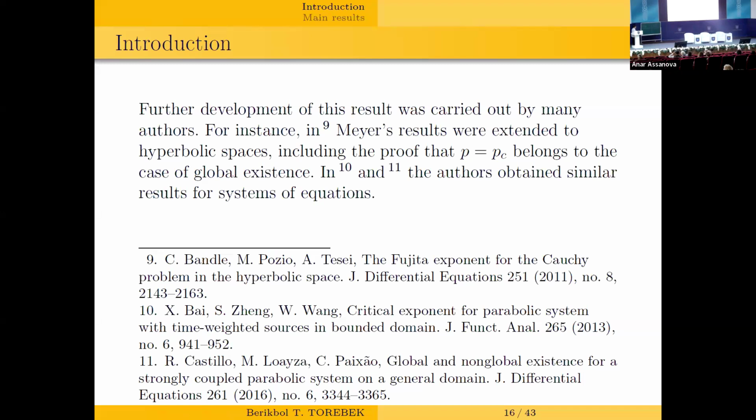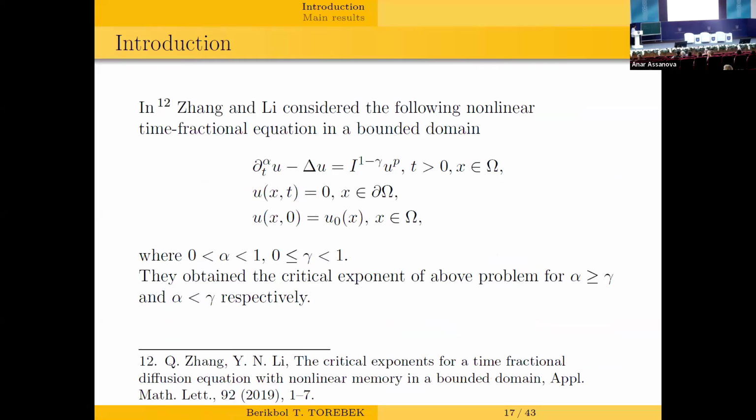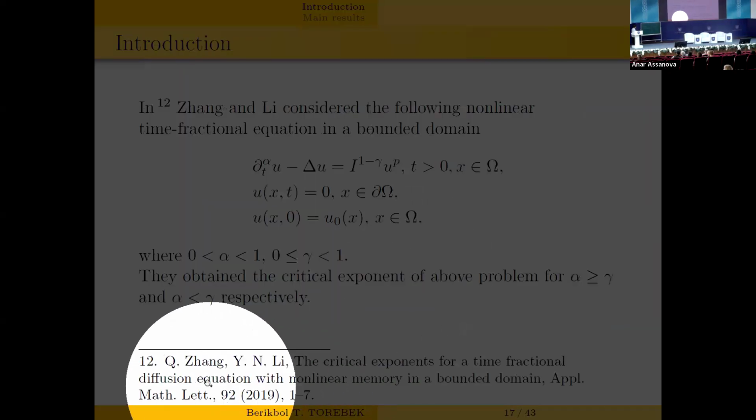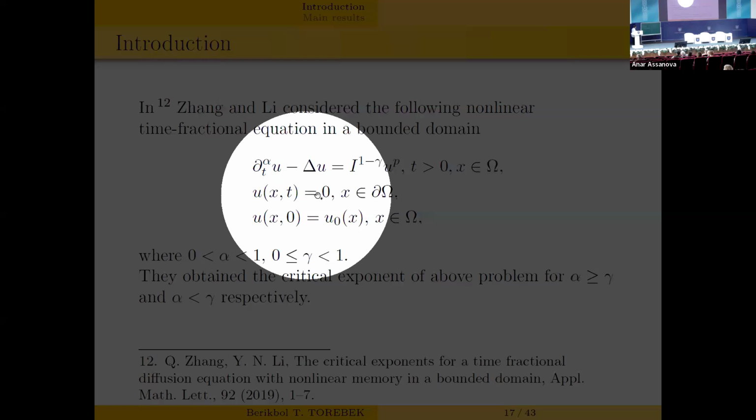They also considered a system of parabolic equations on general domains. And there is also a non-local extension of Meier's results, but a little bit different. In 2019, Zhang and Ni considered this kind of problem.